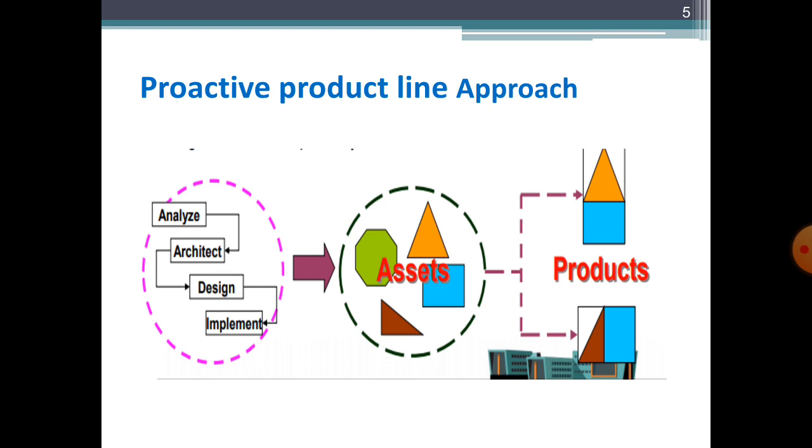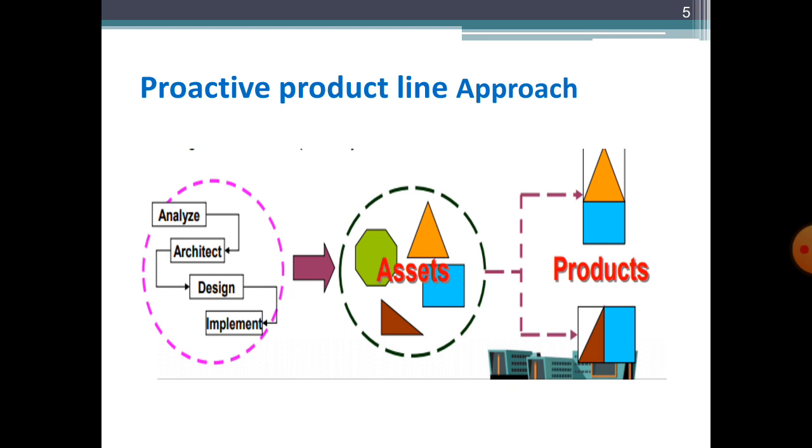We can't move to the next phase until the current phase is complete, or from one phase to another without completing the previous one. From this we develop different assets, the core assets.